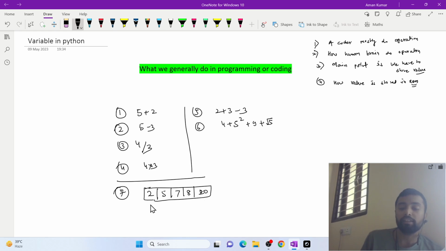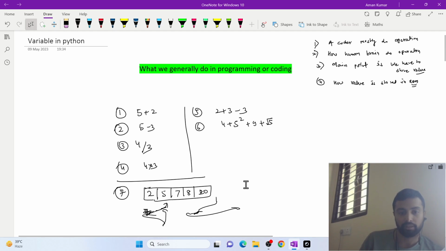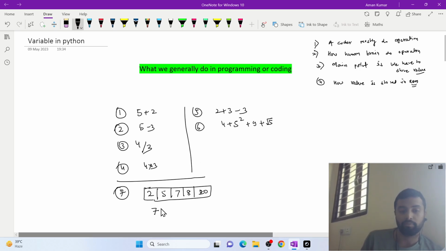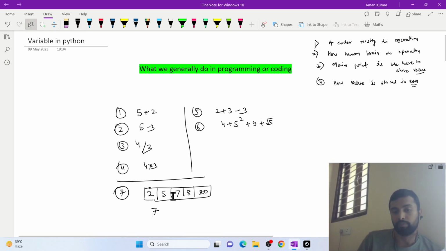Your task is to find 7 in this list, that is, to check whether 7 is present in this list or not. So you will be doing such kind of operation.